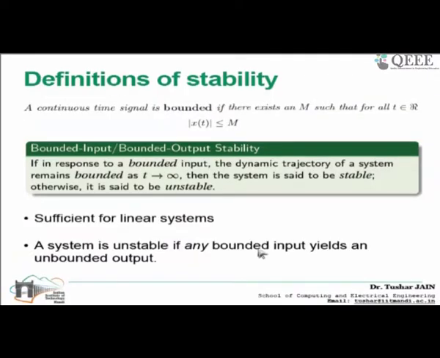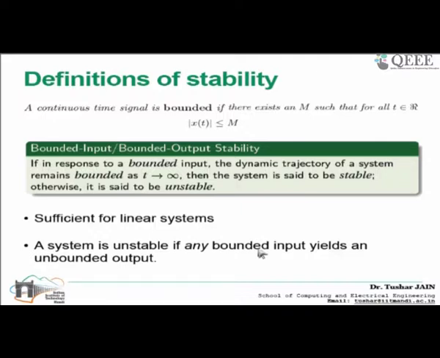But do not forget that it is just sufficient for a linear system. It is not necessary for the linear system. Meaning to say, you can only speak about the bounded input bounded output stability once you have defined it. Whatever the very first definition we considered, in the sense of Lyapunov, might not be applicable to the bounded input bounded output stability.